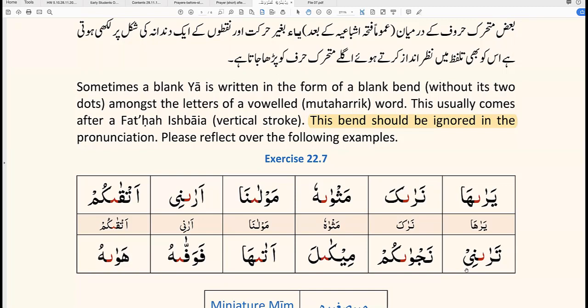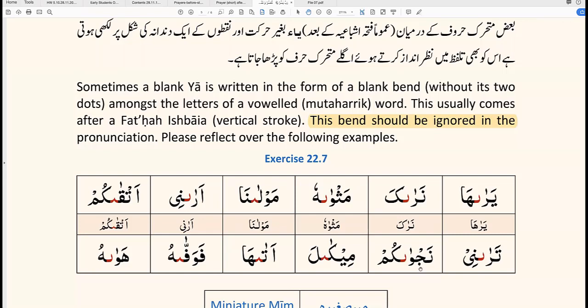Ya madda. Mashallah, very nice. It's a ya madda because it carries a sukoon and it has a kasra just beforehand. So we make the sound for how many seconds? 2 seconds. Well done. Ni. Darani. Very nice pronunciation.